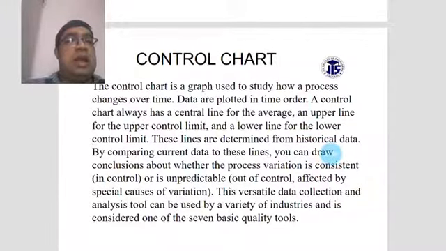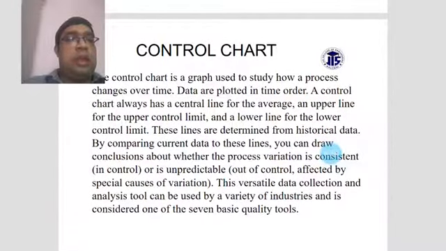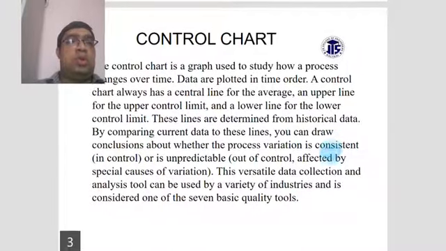These versatile data collection and analysis tools can be used by a variety of industries, and the control chart is considered one of the seven basic quality tools.